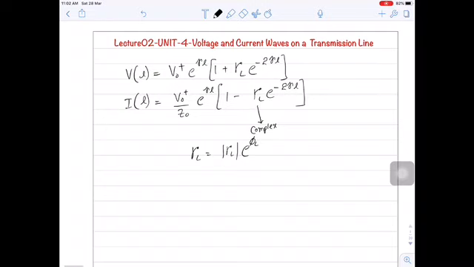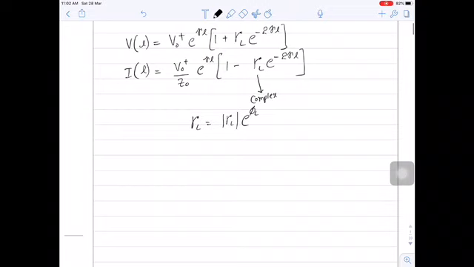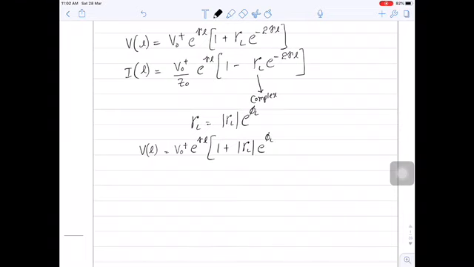If you rewrite these expressions by substituting the Γ_L value as |Γ_L| e^(jφ_L), V(L) equals V0+ e^(γL) (1 + |Γ_L| e^(jφ_L) e^(-2γL)).